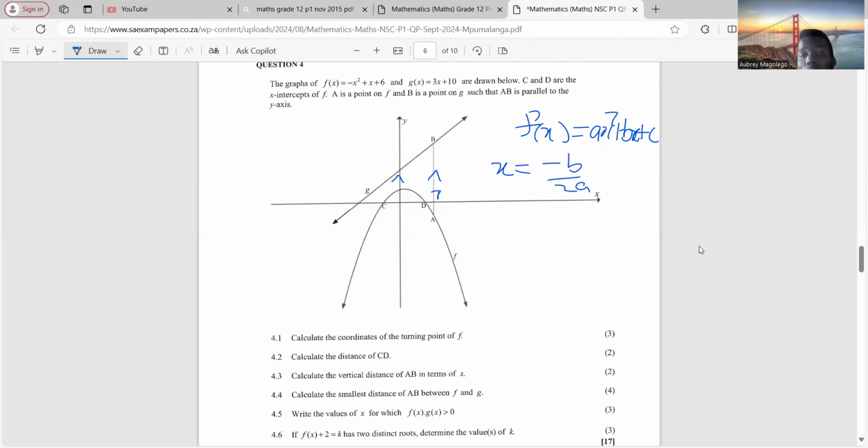Or you can complete the square and get your formula in turning point form. But in a simpler form, we get the x turning point first, then we go to the y turning point.